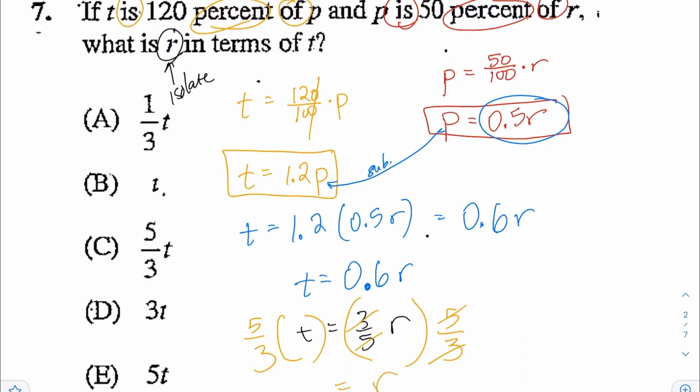So R will be equal to 5/3 of T. You get the same thing if you divide by 0.6. Just remember to keep change flip when you are dividing by a fraction. So the answer here is choice C. R is equal to 5/3 of T.